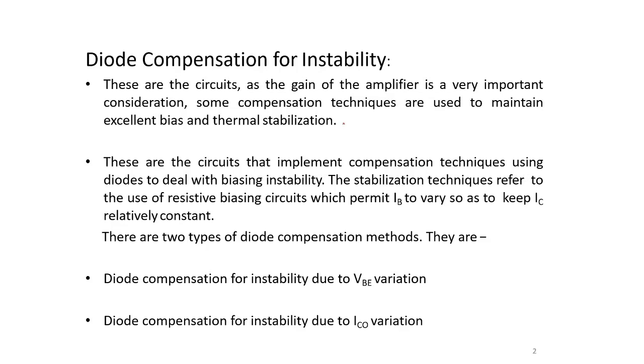Whenever the Q point is not fixed, the signal we have given at the input side goes for clipping, or we get a distorted output. We have to keep the Q point fixed by using proper techniques like the stabilization process or the biasing process.